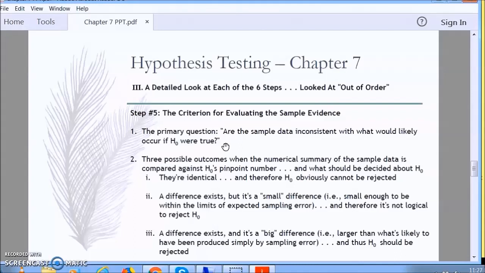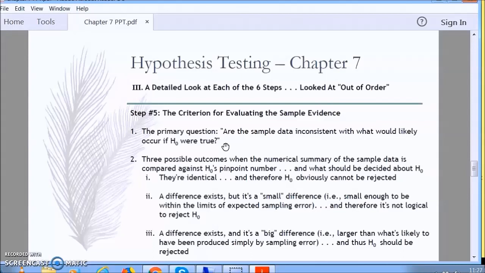But you might ask, how does the researcher decide these labels? What should be attached to the sample data? Here is what happens. You ask yourself the question: is the observed difference between the sample evidence and the null hypothesis a big difference or a small difference?